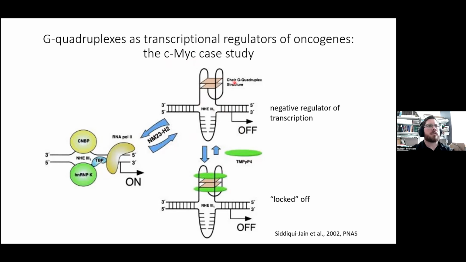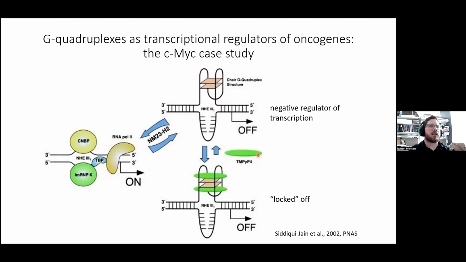So what they did was they found a G-quadruplex in its promoter and found that it's a highly stable quadruplex that negatively regulates gene transcription, basally. And it requires destabilization by proteins to enable its transcription to turn on.